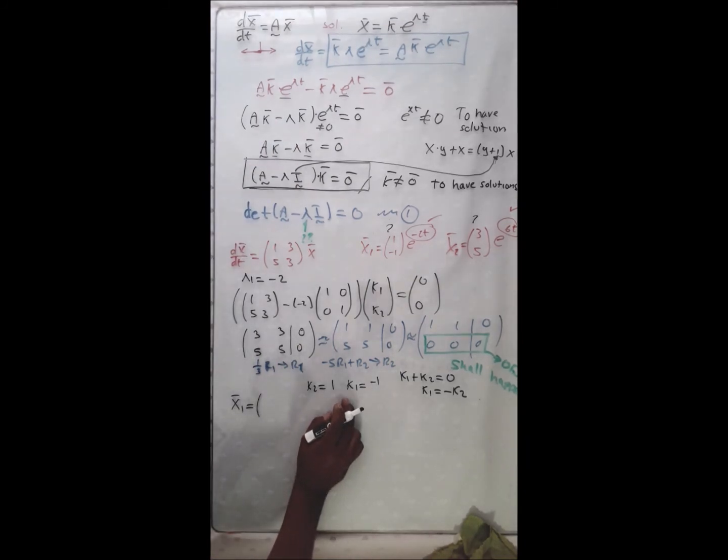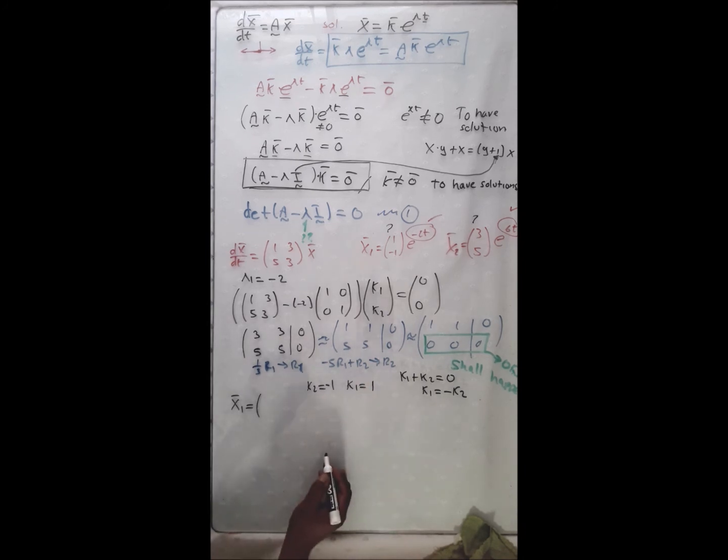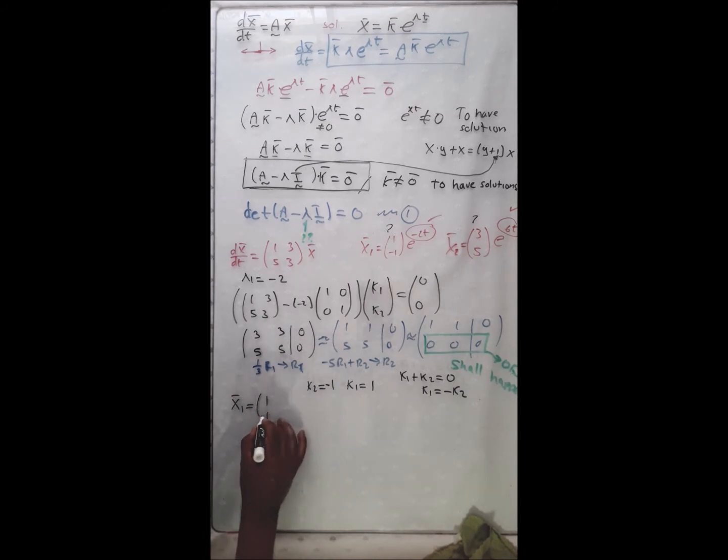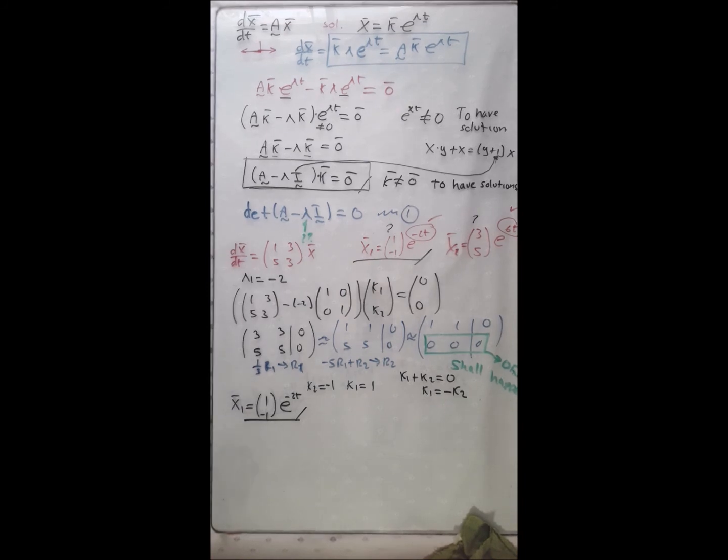Let's choose k2 equal to minus 1, so that means that k1 is equal to 1. You can choose another number, but here it is 1 and minus 1. What is the value of lambda? Minus 2t. And you can see here we have calculated the first solution.